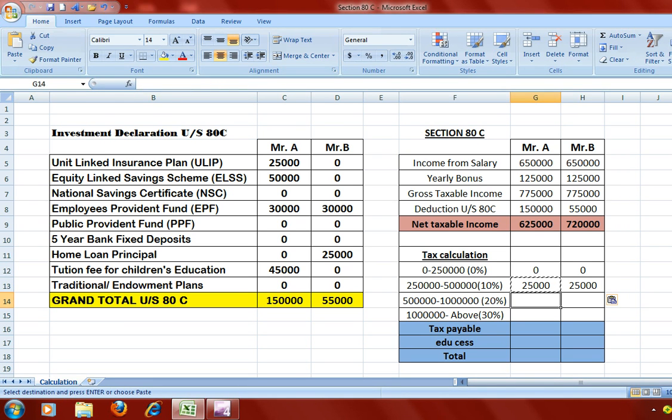Now let us move on to the third slab. 5 lakhs to 10 lakhs should be taxed at 20%.